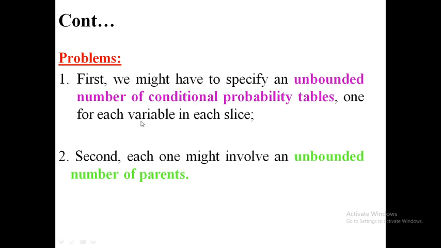So what are the 2 problems? First, we have to specify an unbounded number of conditional probability tables. CPT is a conditional probability table. It is better than a joint probability distribution table, but even so he is very worried about this table. Why? Because of uncertainty. For example, in a murder case, in a family there are 50 members and one is murdered.